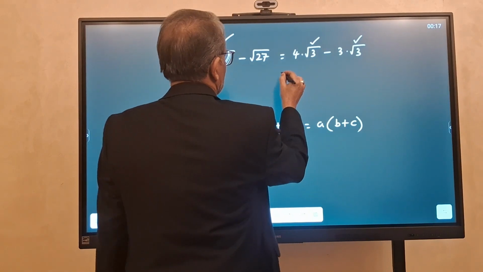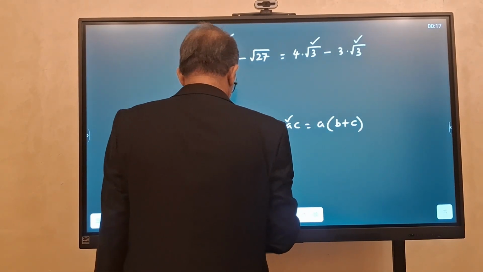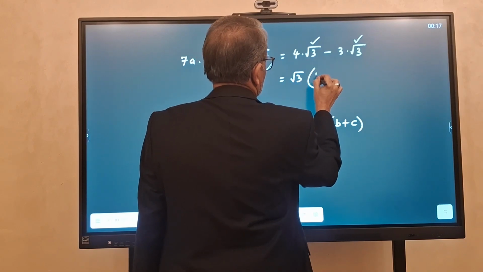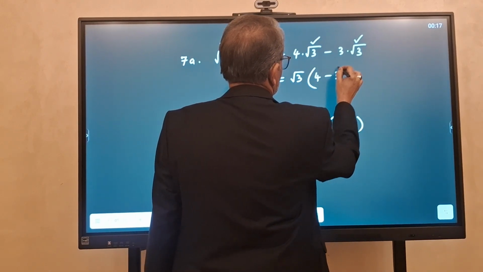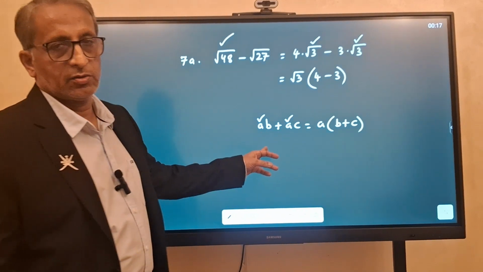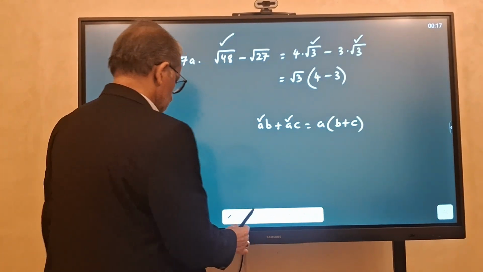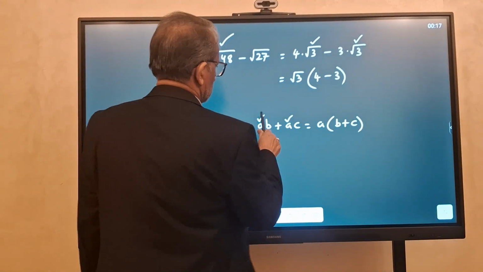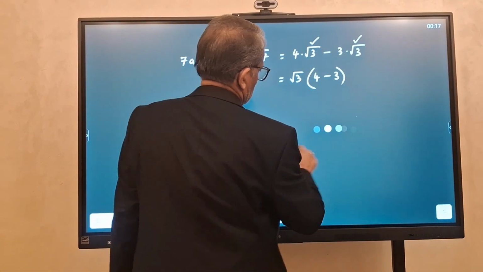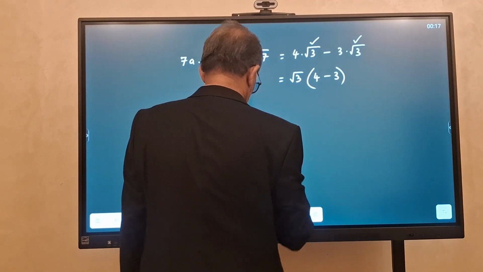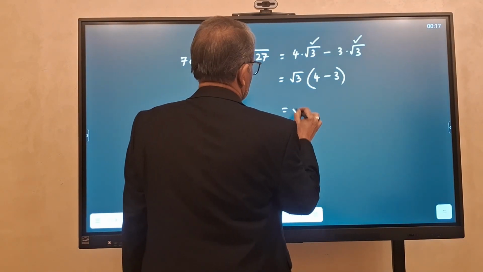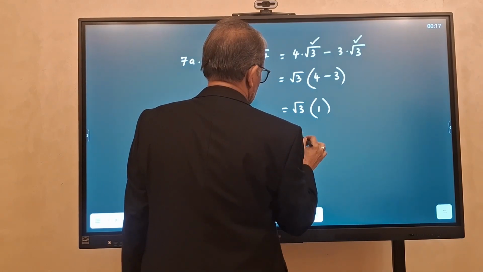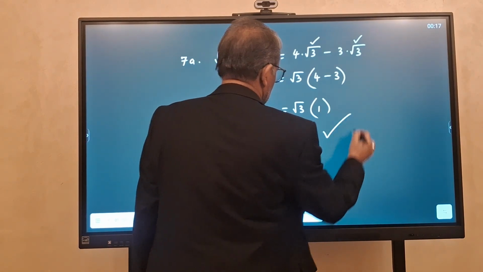So I take common root 3. What is left? 4 minus 3. Same rule I use. So using this rule, this is root 3 times 4 minus 3, it is 1. So the answer is root 3.